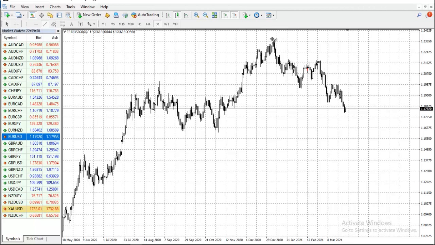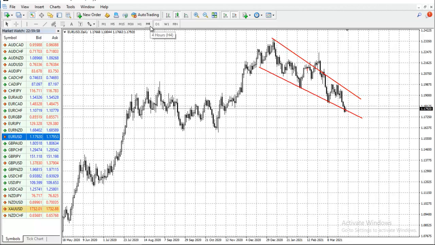Let's see from here. We have a trend, we have a short trend, then we have another one. See, the market's taking its course around this area.